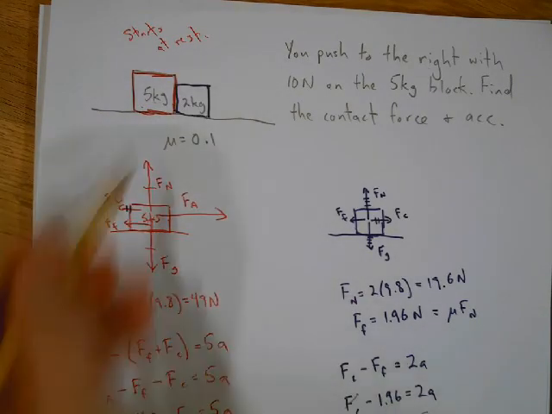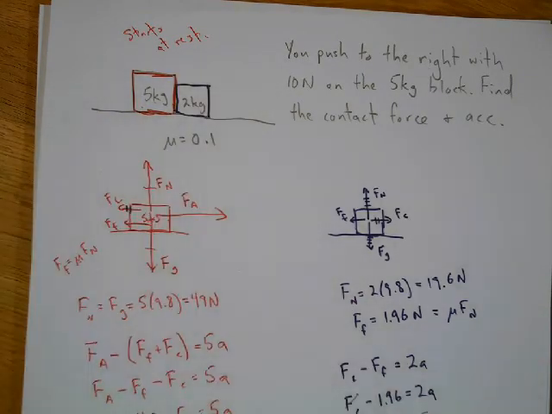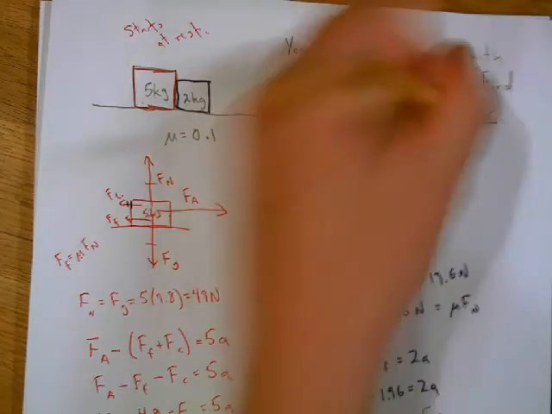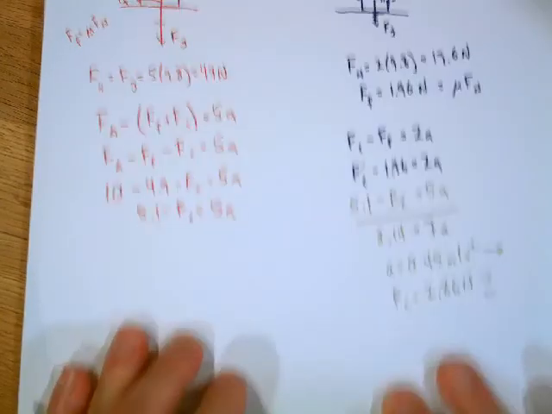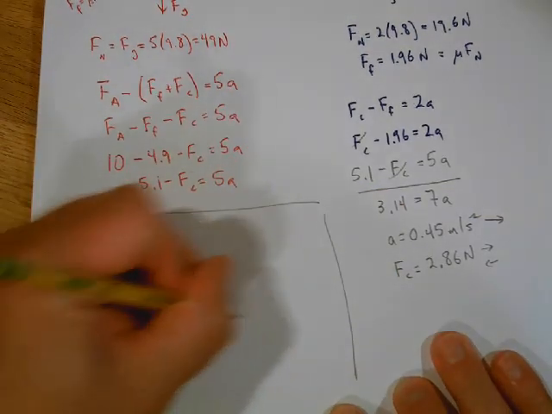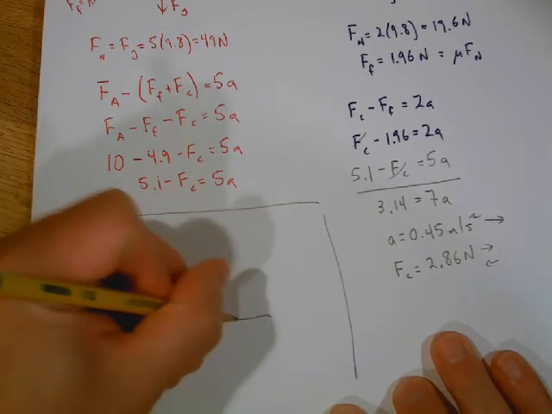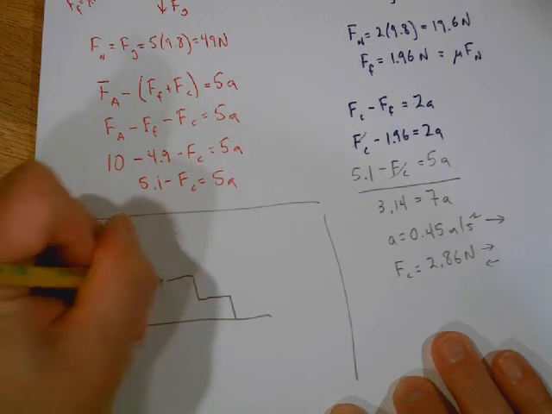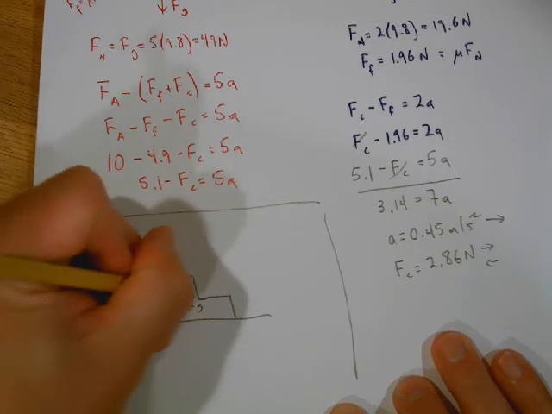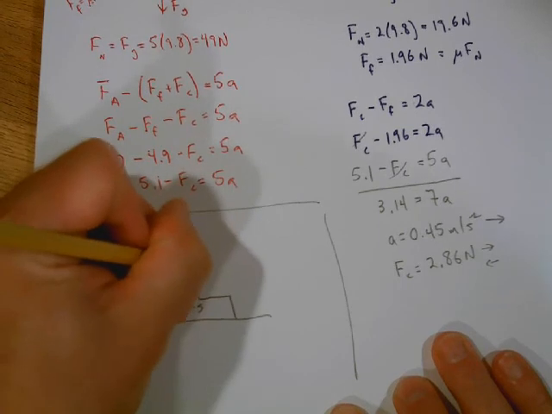Now, I just want to show you how, if you wanted to, you could treat this as one big blob. If I was treating this as one big blob, this would just be to find the acceleration. This is what my FBD would look like. So now I have this 7 kilogram blob here.